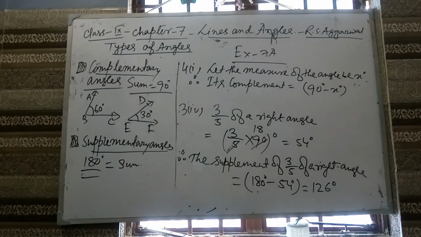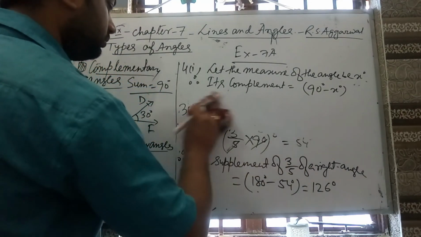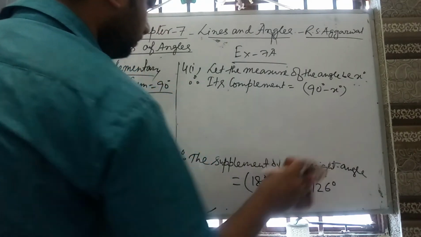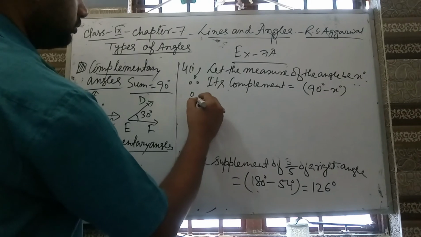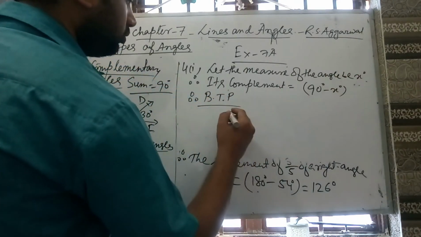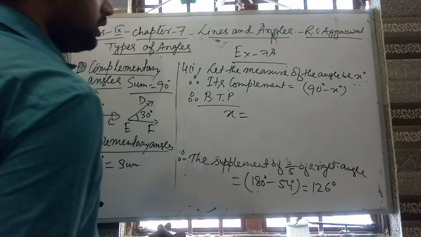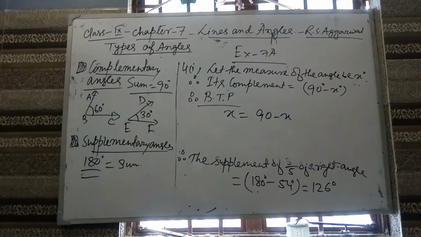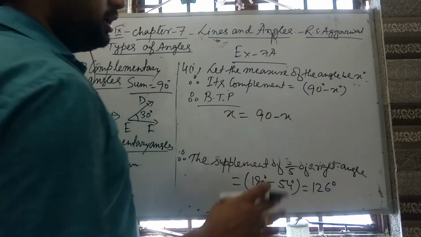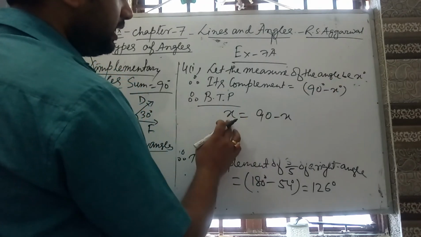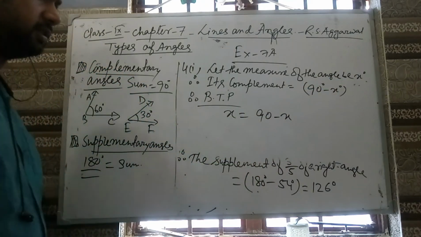So therefore by the problem, the angle is equal to its complement, 90 minus x. Look, in equation we usually do not write the degree or the units. So that's why we have taken only x and only 90 minus x.